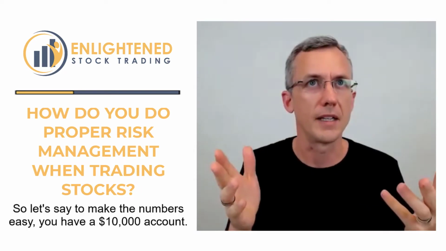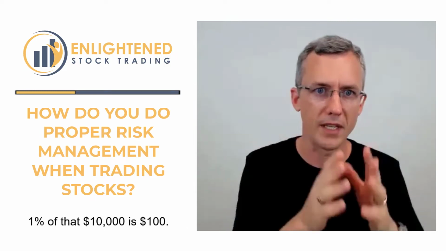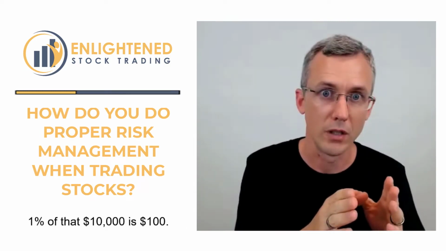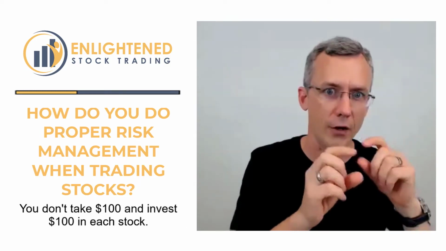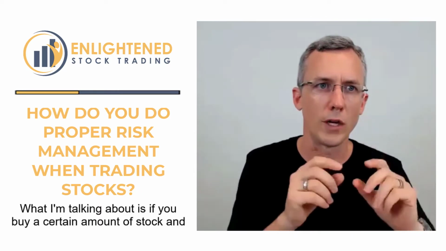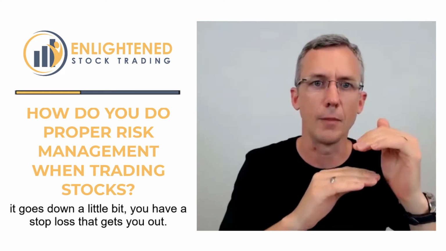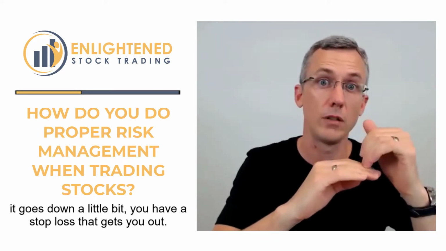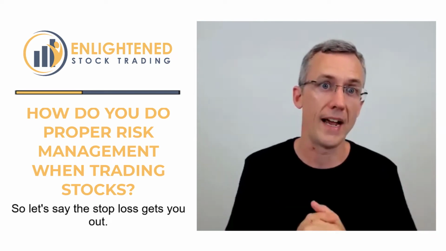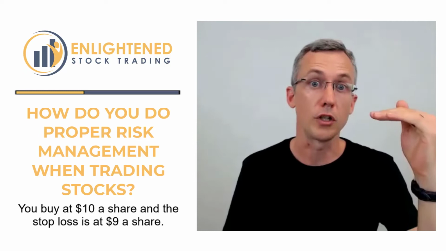Let's say, to make the numbers easy, you have a $10,000 account. 1% of that is $100. You don't invest $100 in each stock. What I'm talking about is if you buy a certain amount of stock and it goes down a little bit, you have a stop loss that gets you out. You buy at $10 a share and the stop loss is at $9 a share.